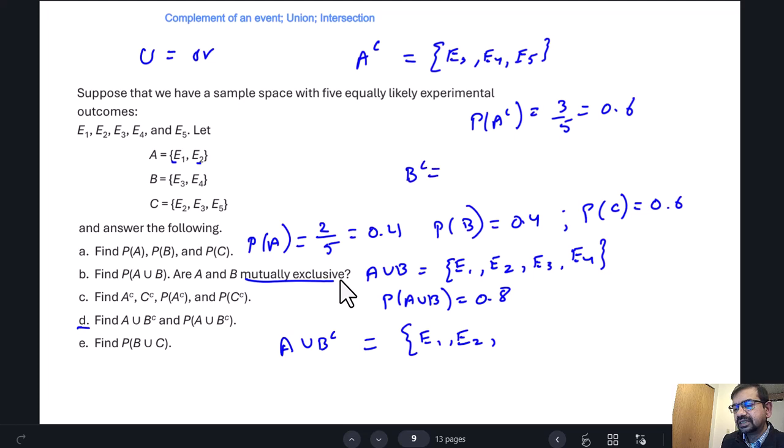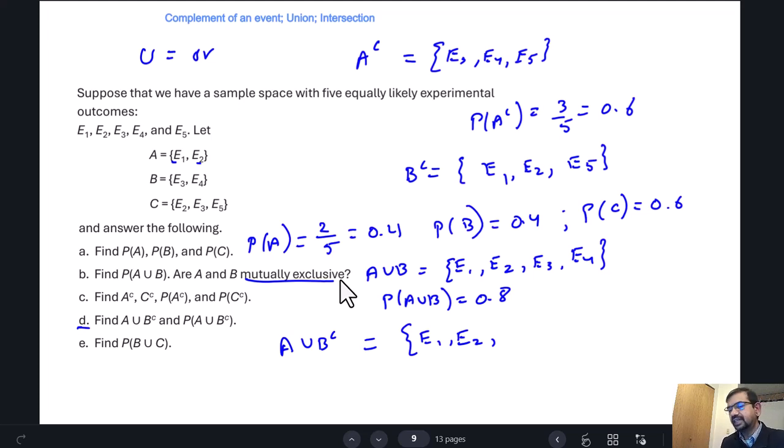B complement is the set of E1, E2, and E5. So if we are creating a union of A and B complement, A has E1 and E2. B complement includes E1 and E2, which has already happened in A. So it's A or B complement.